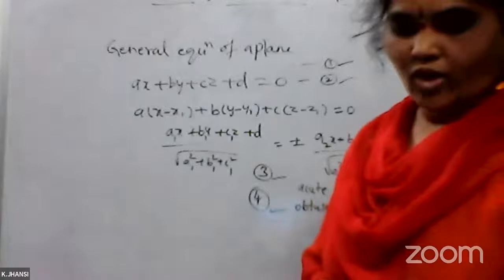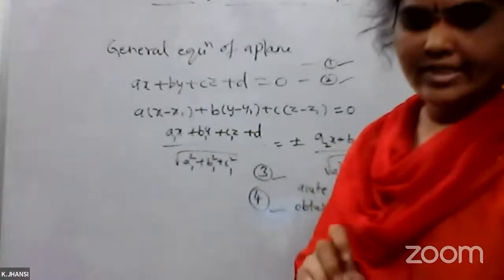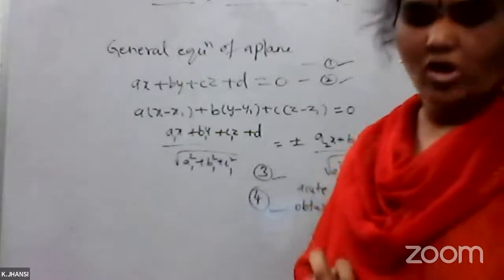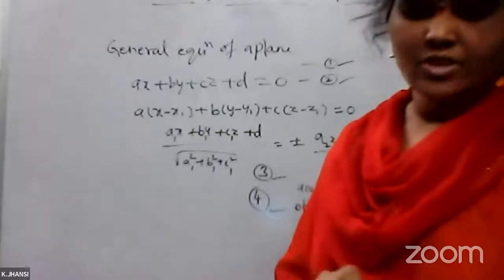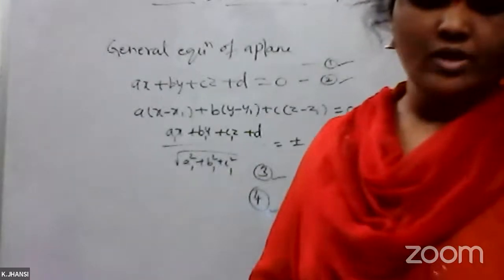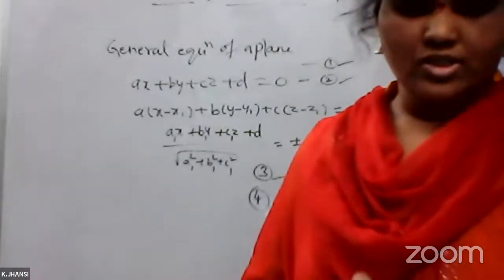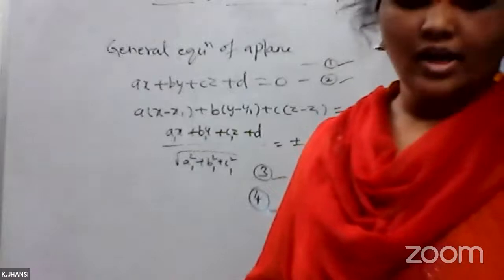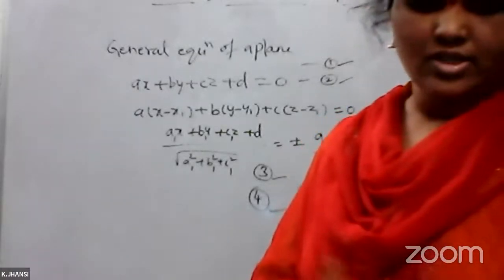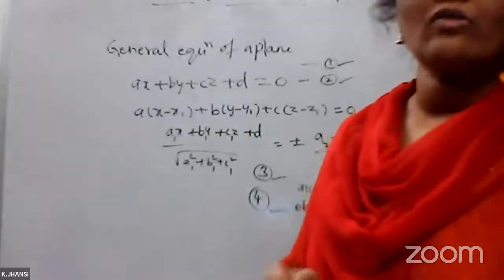Whatever the pair of planes equation is, to show that it is passing through the origin, the condition is abc plus 2fgh minus af square minus bg square minus ch square equals 0. And the conditions are f square greater than or equal to bc, g square greater than or equal to ac, h square greater than or equal to ab.